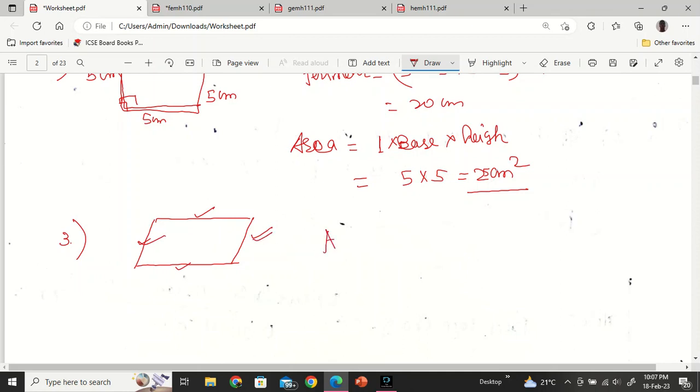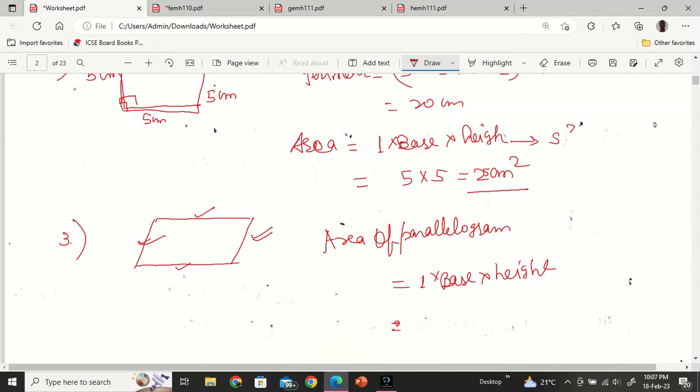The area of a parallelogram is equal to base into height. Here the coefficient is 1. Okay. In a square, area of square we write as a square, but ultimately it is base into height only, you can see.